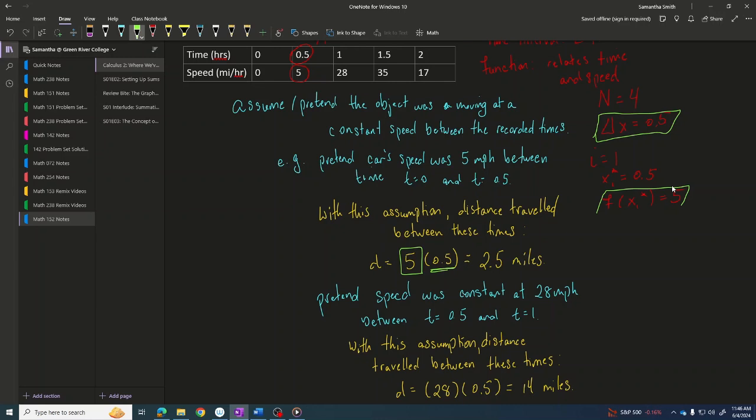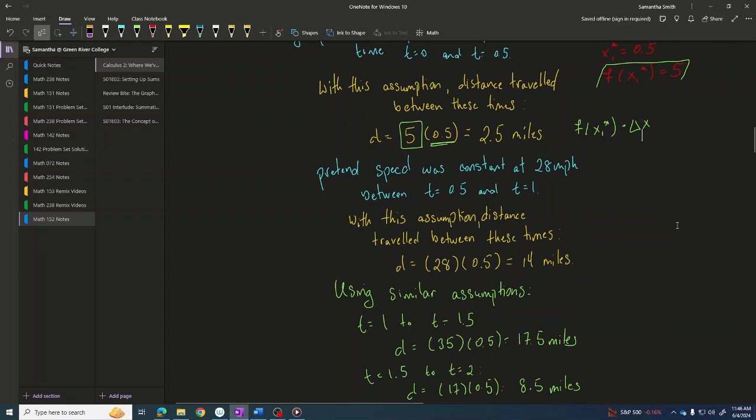So here we see an example of f of x1 star, this random output value associated with this first interval, multiplied by the width of that interval, delta x. That's the product that's going on here when we use the equation d equals rate times time, to get this first little bit of distance traveled, which was 2.5 miles, our estimate for that first time interval.